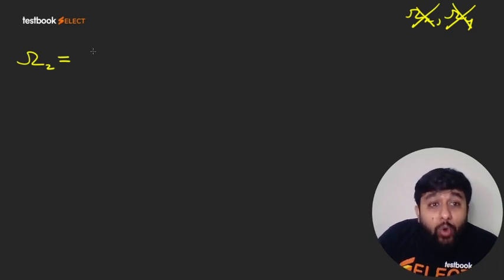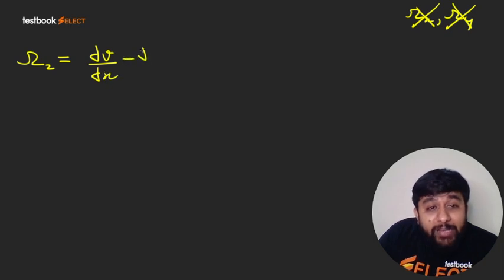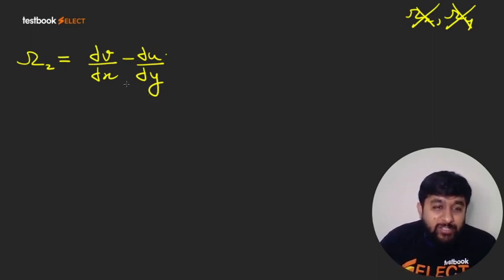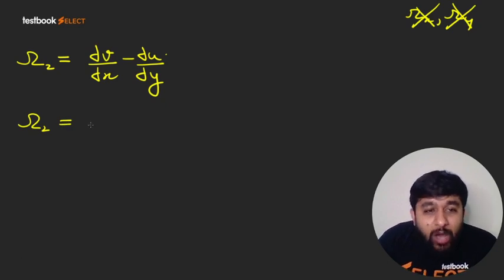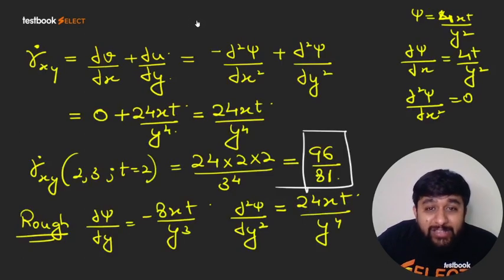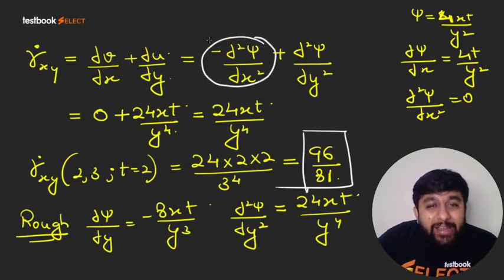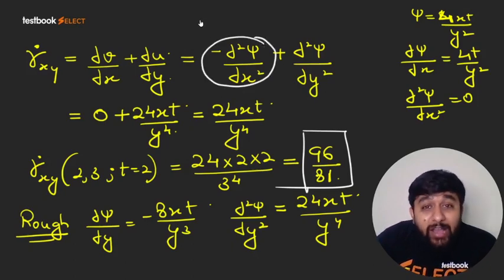Now how do you write ohm z? Ohm z is written as del v by del x minus del u by del y. And if you want to write down the angular velocity term, that will be half of this. Now just previously we saw what del v by del x is. It is minus del square psi by del x square. And what is del u by del y?